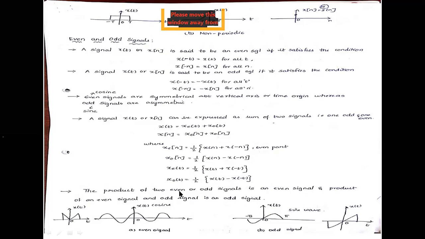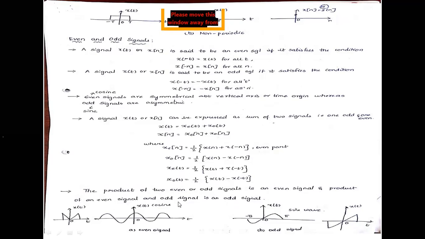The product of two even signals is an even signal. The product of an even signal and an odd signal is an odd signal.